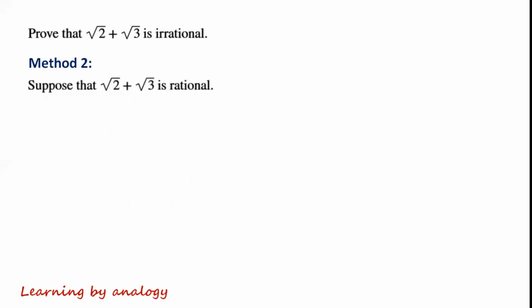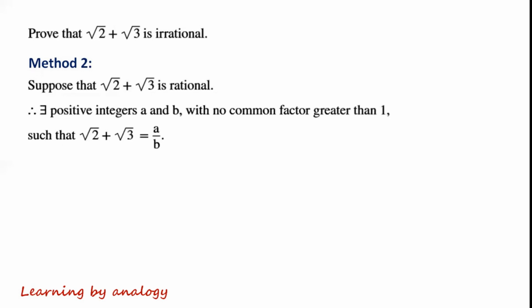Suppose that root 2 plus root 3 is rational. So there exist positive integers a and b with no common factor greater than 1, such that root 2 plus root 3 equals a over b. So a over b minus root 2 equals root 3.